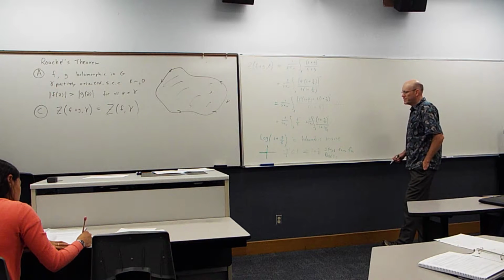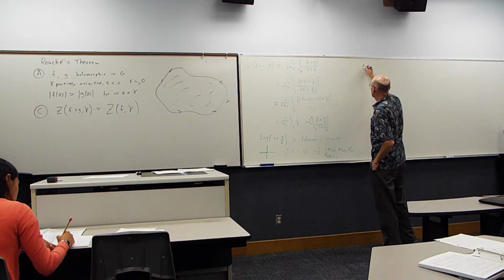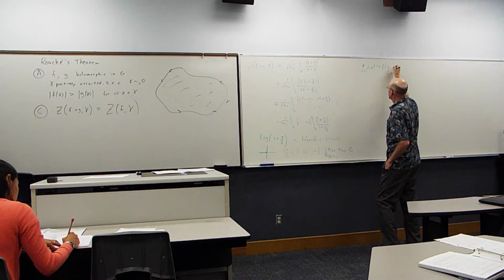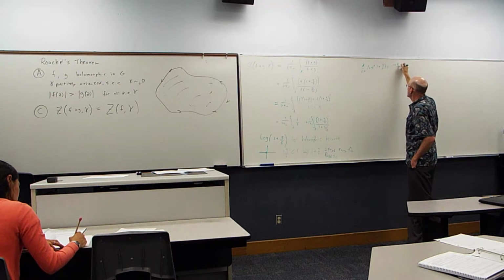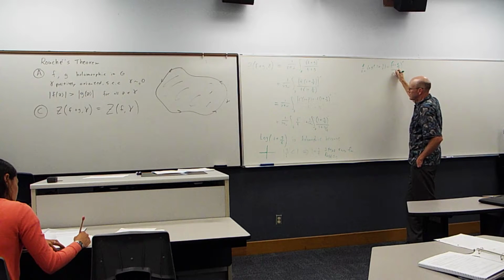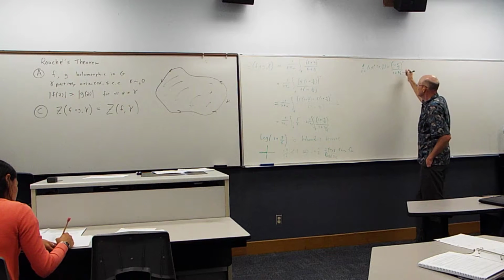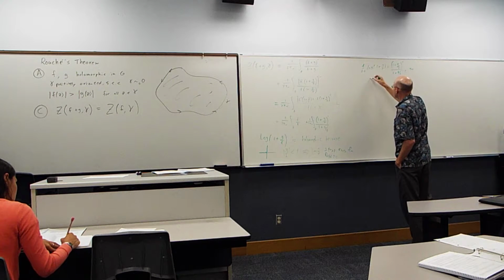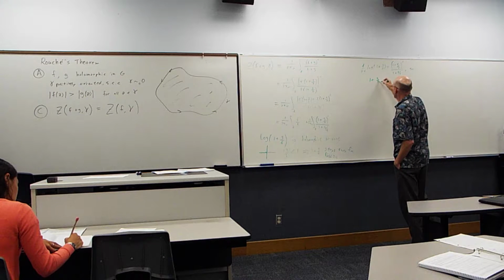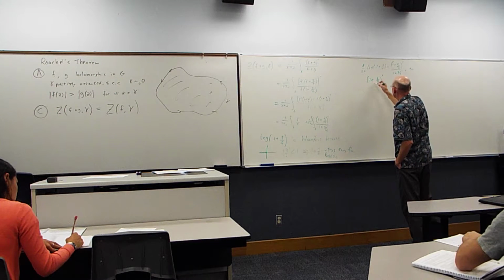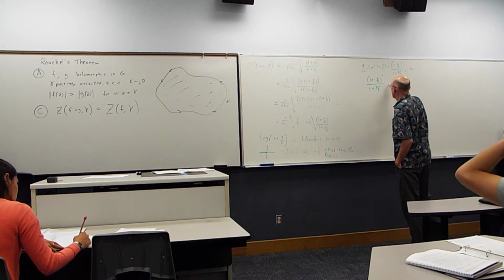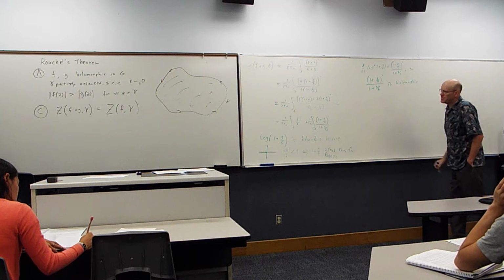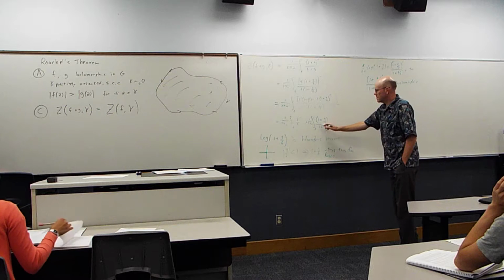And then because the derivative of this is 1 plus g over f prime over 1 plus g over f, g over f prime over 1 plus g over f is holomorphic as well. And that means that this integral is going to be 0.